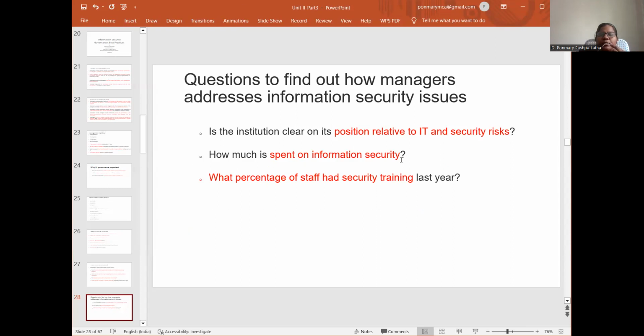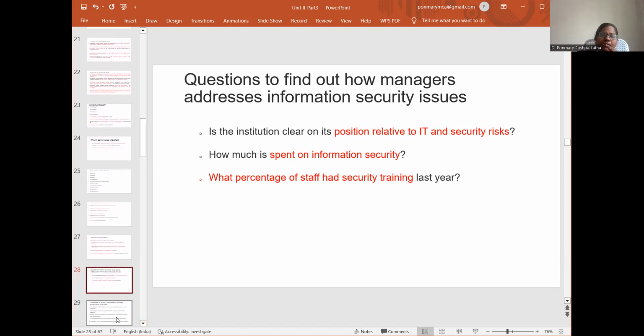Whether the institution is clear on its position relative to IT and security risk. How much is spent on information security? How much is the cost? How much time have we spent on information security? Has the staff been given sufficient security training or not?